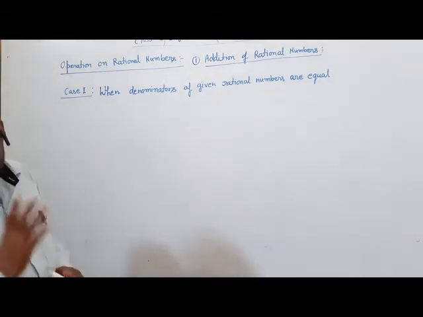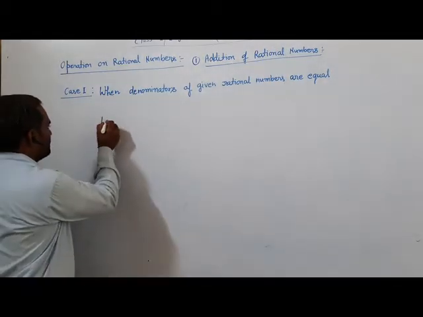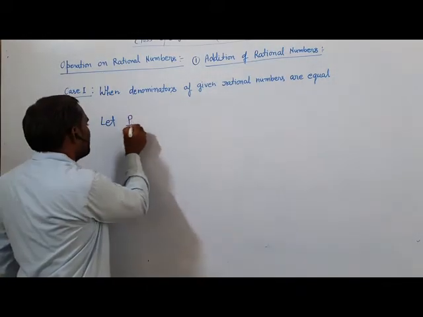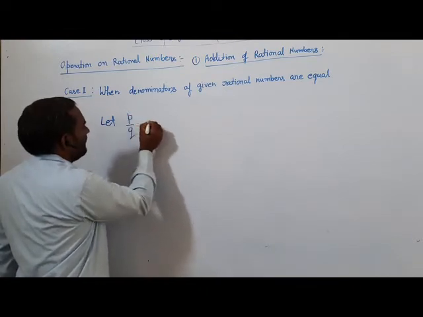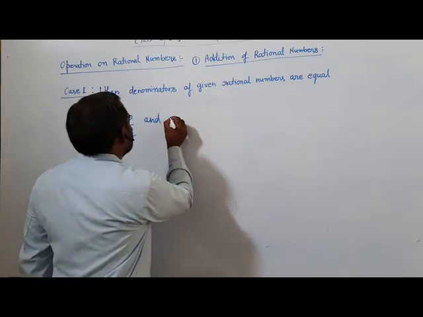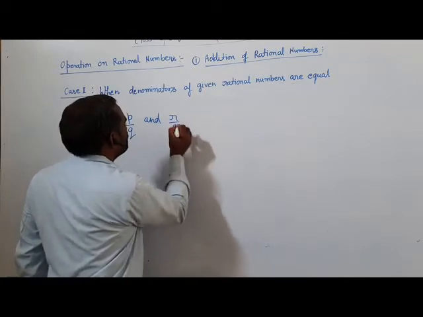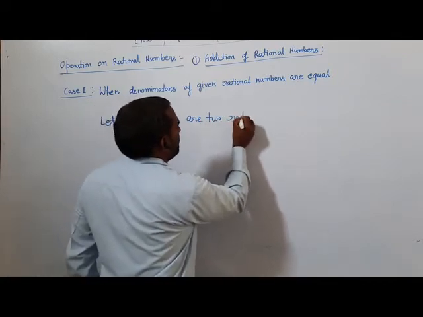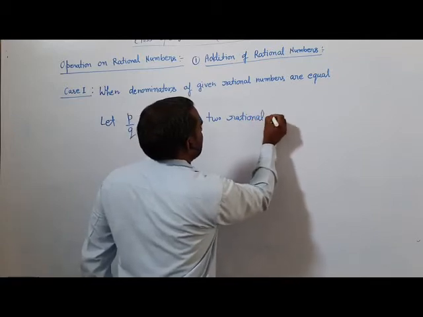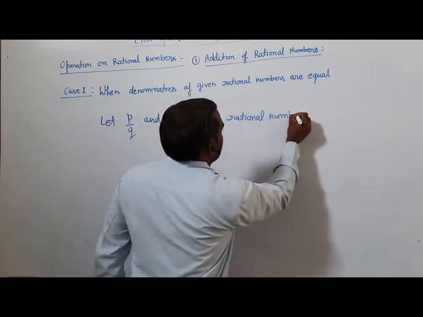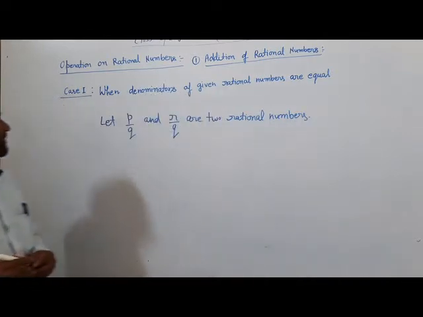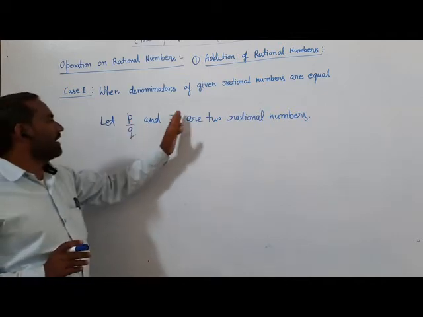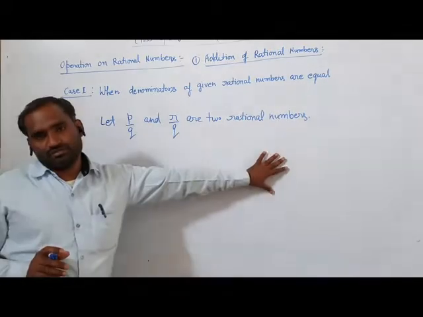Suppose we take p by q and r by q as two rational numbers.